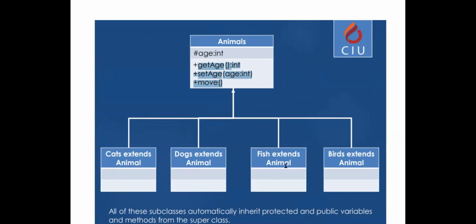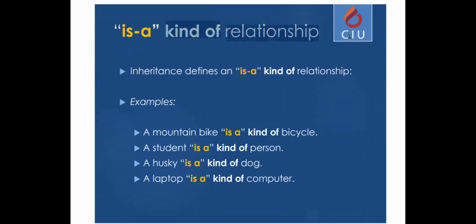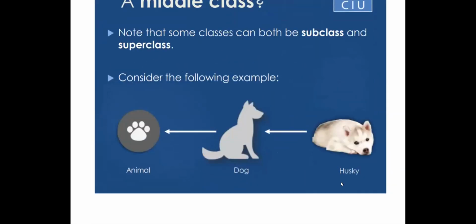So fish extends animal, birds extend animal, dogs extend, and cat extends. The extend relationship means is-a. So cat is an animal, dog is an animal, fish is an animal. So extend, you can basically read it as an is-a relationship, which is written, as you can see, on the slides as well.